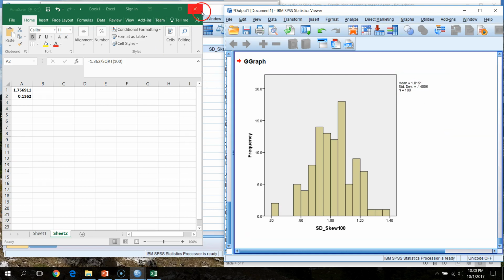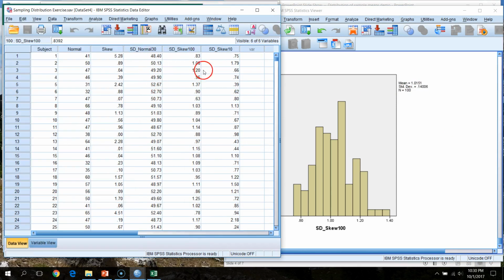Okay. As one last example, let's say we did this same thing, except instead of samples of 100, we were to select samples of 10 from our skewed variable here. Again, this is going to be below what we would expect to start to get a normal distribution of sample means.